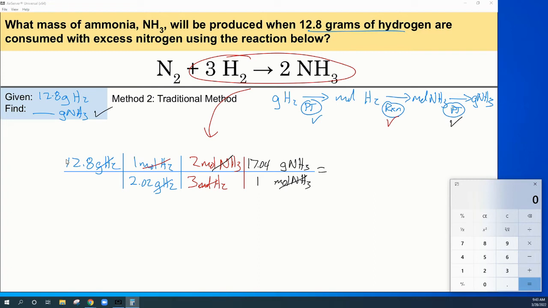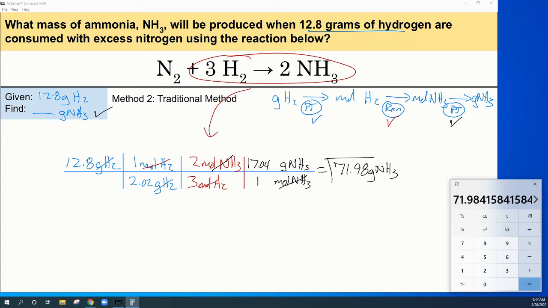I personally like to multiply everything across and then divide by everything on the bottom. So I'm going to take 12.8 times 2 times 17.04 divided by 2.02 divided by 3, and I should get the same answer that I got before, which was 71.98 grams of NH3.